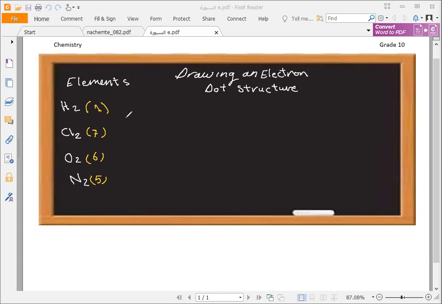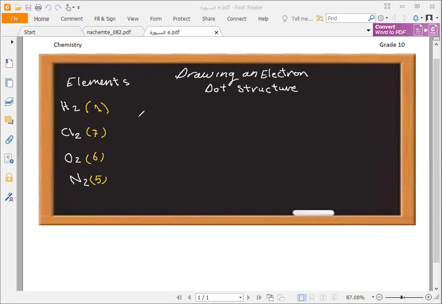Chlorine in group 17A contains 7 valence electrons. Oxygen in group 16, 6 valence electrons. Nitrogen in group 15, 5 valence electrons. Hydrogen in group 1, 1 valence electron.